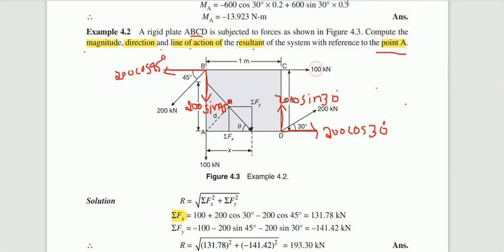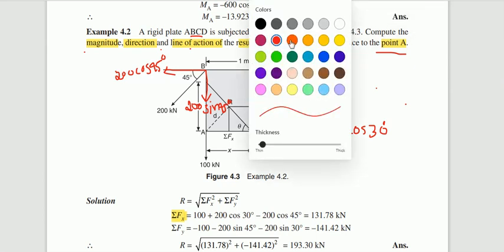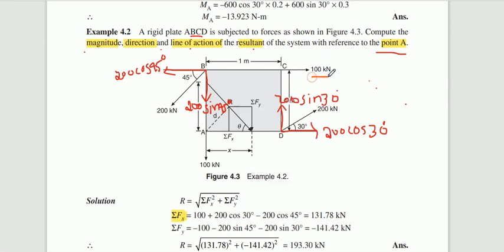Three. This 100 is horizontal positive, 200 cos 30 is horizontal positive, and 200 cos 45 is horizontal negative.